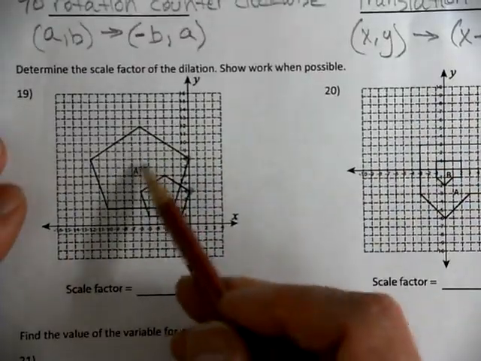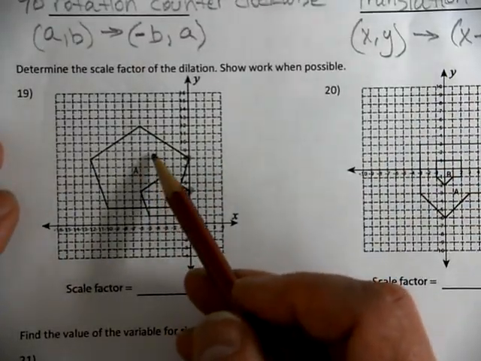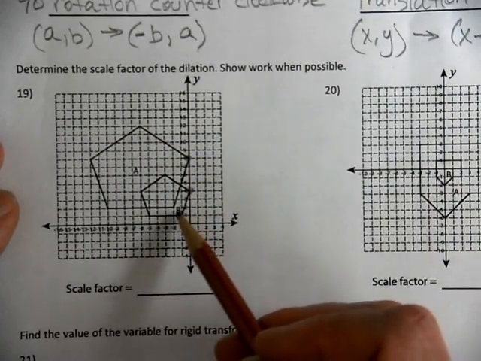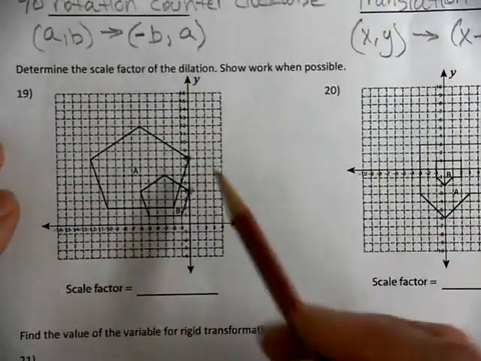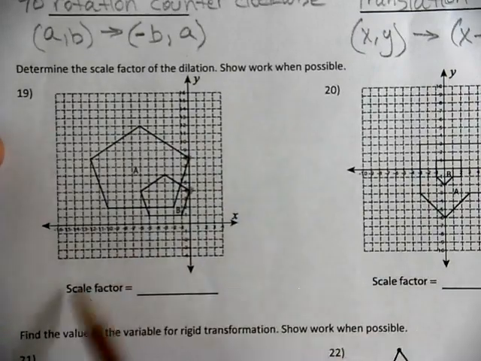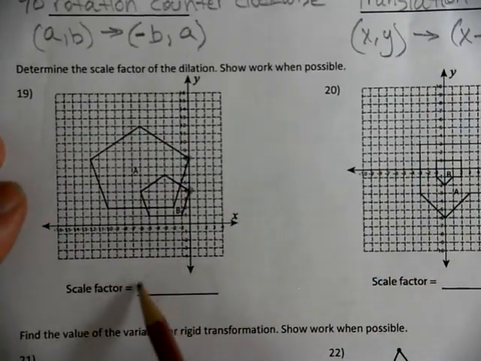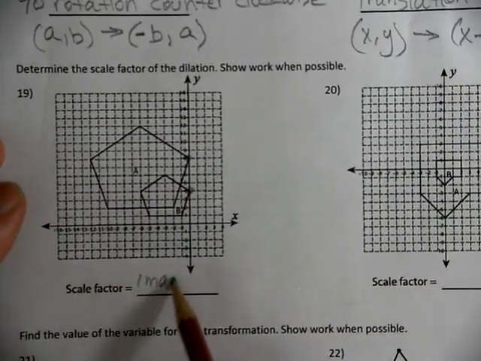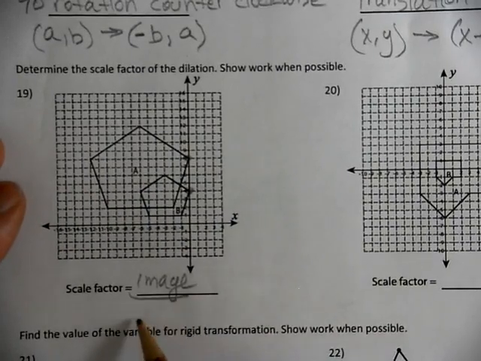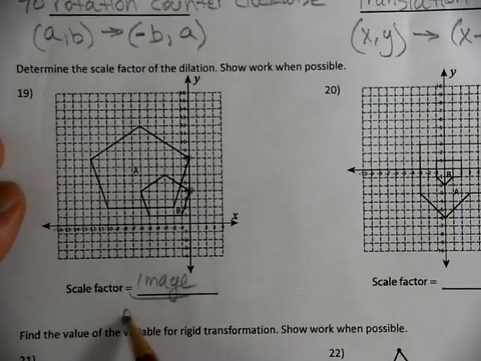So if A is the original and B is the image, it doesn't say which way we're going, and that would matter. Scale factor is always image over original.